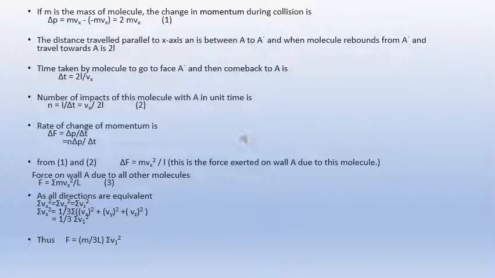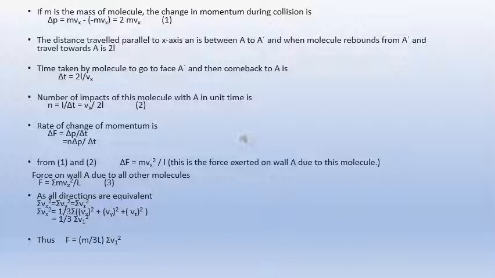The distance traveled by the particle parallel to the x-axis is from A to A dash, and then rebounding, the total distance traveled is 2L. Now the time taken by the molecule to go to the face and then rebound is 2L upon Vx. The number of impacts or collisions of this molecule per unit time will be 1 upon delta T, which comes out to be Vx upon 2L.